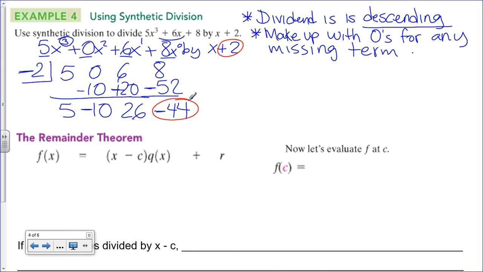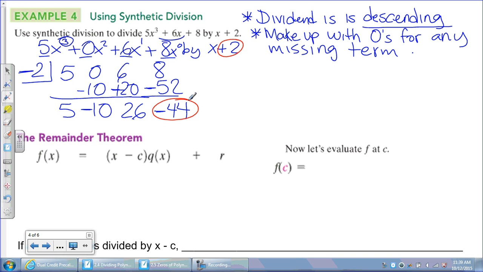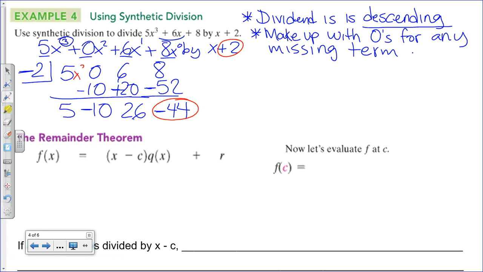All right. Now from here, let's just go ahead and write it down. So we could say that we started with something of degree 3. So the quotient will start with degree 2. So the 5 represents 5x squared, the negative 10 represents negative 10x, and the 26 is just a constant term, and then here we have the remainder.